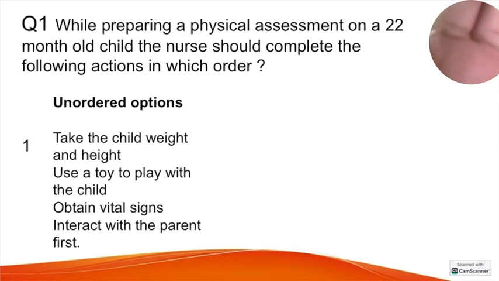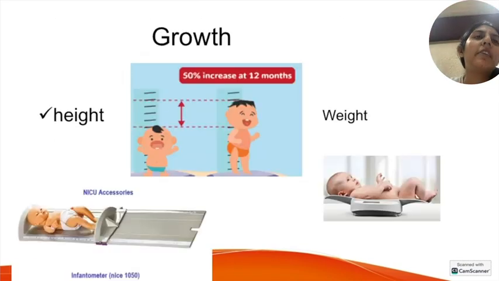Then coming to infants. Infants 0 to 12 months are called infants. For the growth, we look at height. The height should increase at least 1 inch per month.